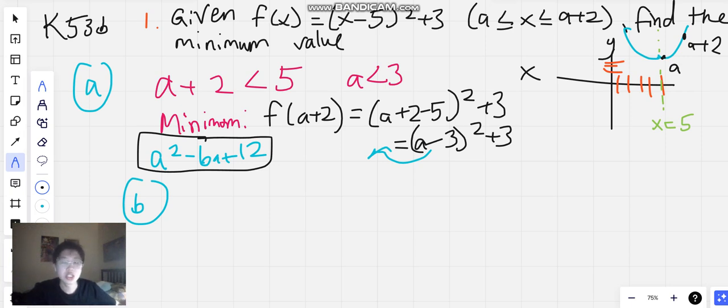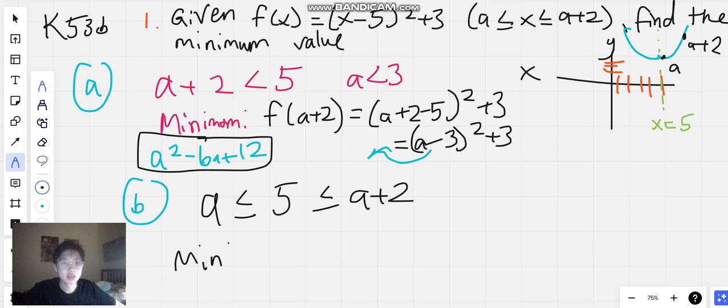So how do we generalize that in an inequality, or summarize that? We can say as long as our interval, so a is less than or equal to 5, which is less than or equal to a plus 2, which is basically saying as long as these a values, our intervals are in between 5, then the minimum is going to be at the vertex.